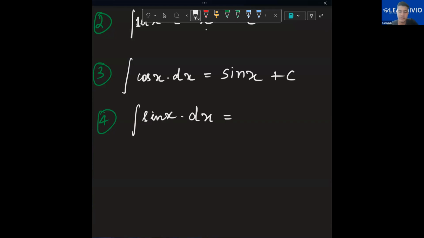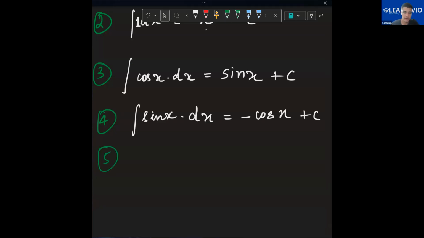Okay, tell me what is the differentiation of sin x? Minus cos x plus c. See, if you don't know this now, then also you can use the derivative and you can see that उसका डेरिवेटिव मुझे अगर sin x मिलता है, sin x का इंटीग्रेशन क्या होना चाहिए? Minus of cos x plus c.